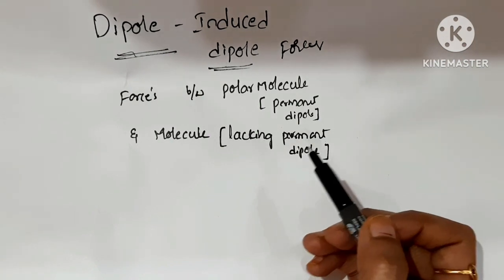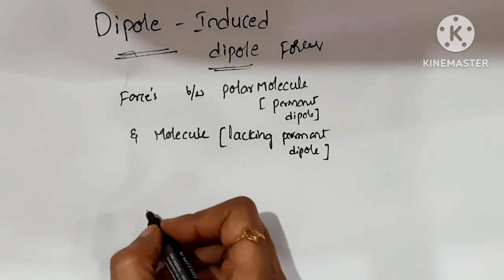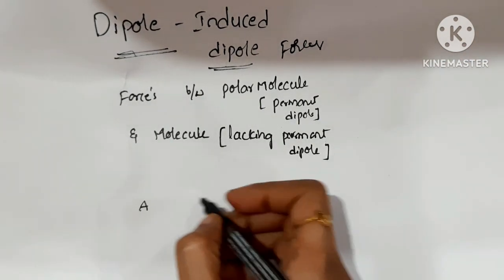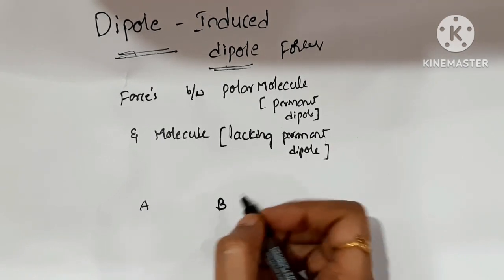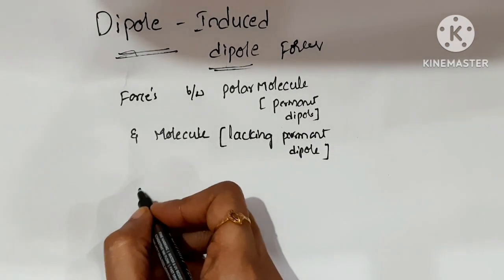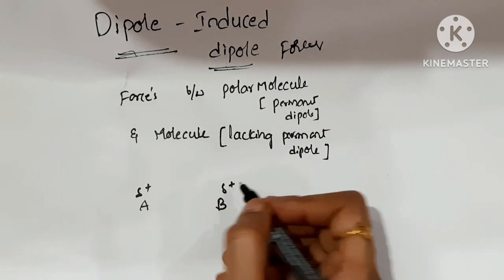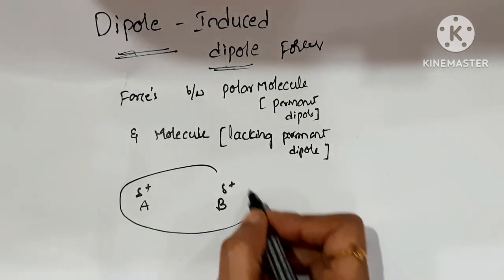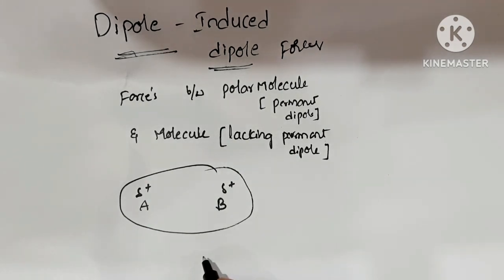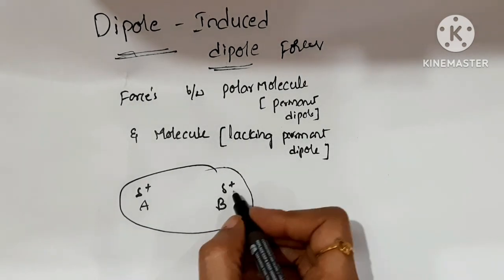So here I am taking an example. Delta positive, delta negative, right? So this is a polar molecule having permanent dipole.